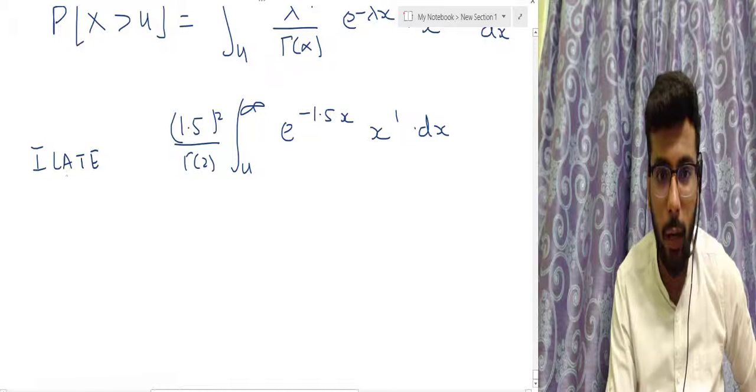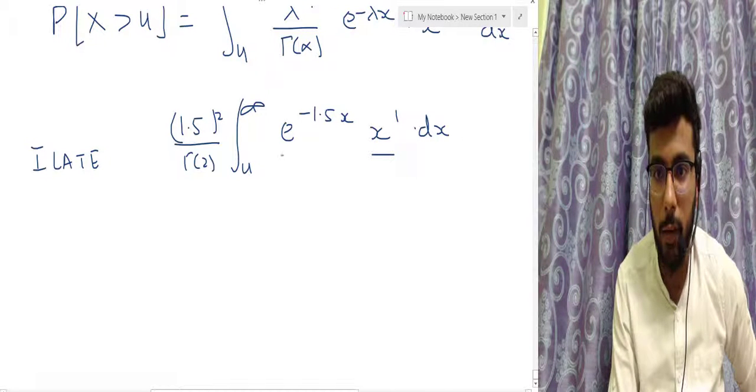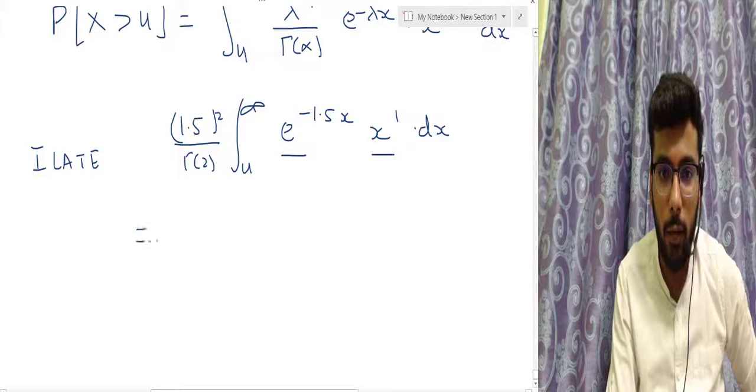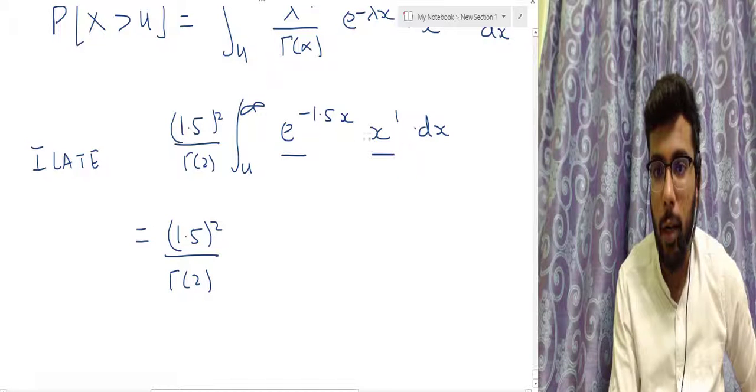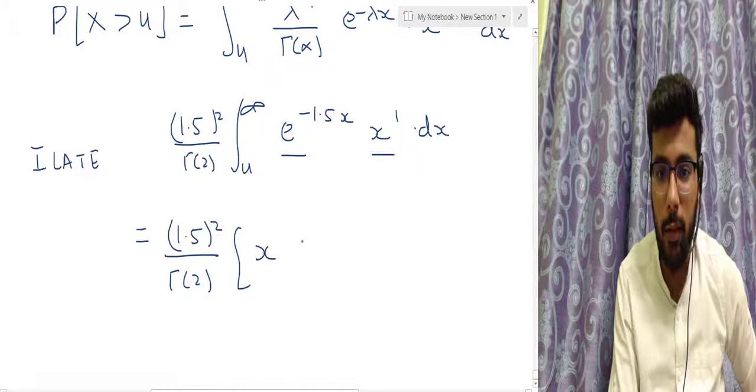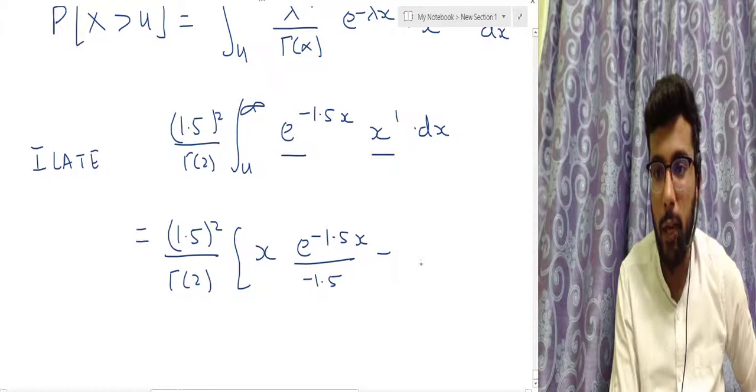Algebraic, so this one should be taken as the first term, and this is the second term. Now let's calculate the probability. 1.5 square upon gamma of 2. Here you integrate the second term, x as it is, e to the power of minus 1.5x upon minus 1.5, minus the integral of the derivative of the first and the integral of the second.